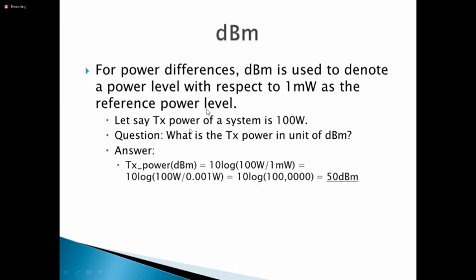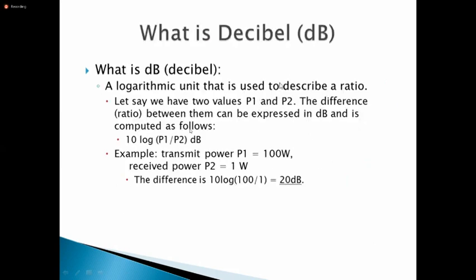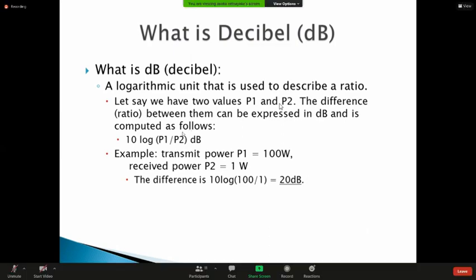Okay? Now here let's say the transmitted power of a system is 100 watts, right? Then what is the transmitted power in dBm? Actually we need two powers here. But if we are asked to find it in dBm, we are given only one power, because we know P2 is always 1 milliwatt. If asked to find something in dB, we must be given both P1 and P2, otherwise we cannot find it, because P1 can be anything and P2 can be anything.